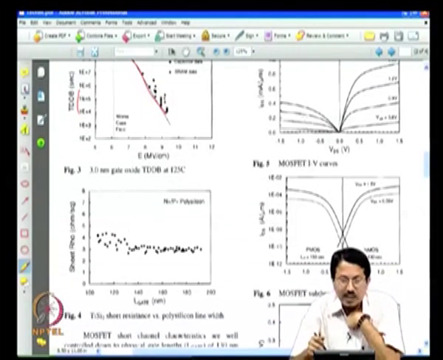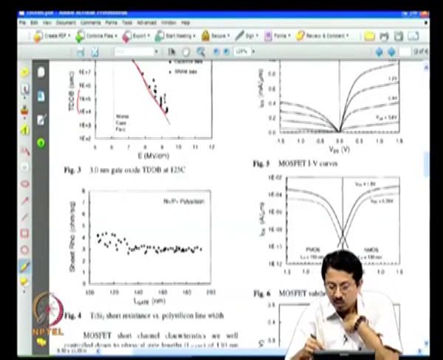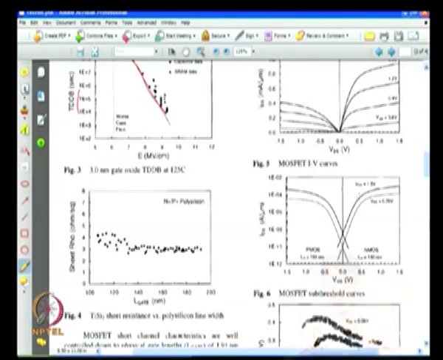This is subthreshold characteristics. Your threshold voltage is about 0.5 volt or so, and below that this is IDS in log scale and VGS in linear scale, right. It is a semi-log plot really, and this really is a subthreshold slope as we have already discussed.